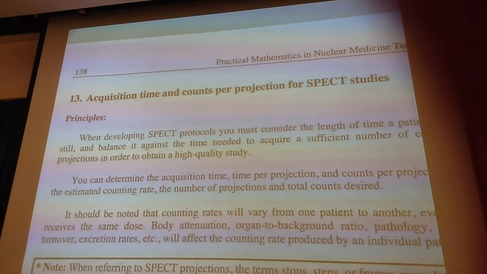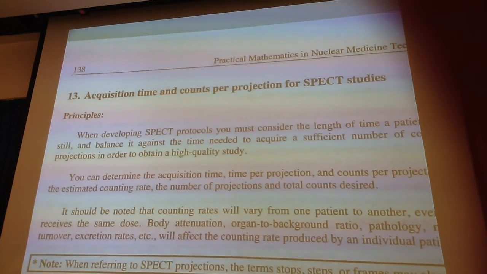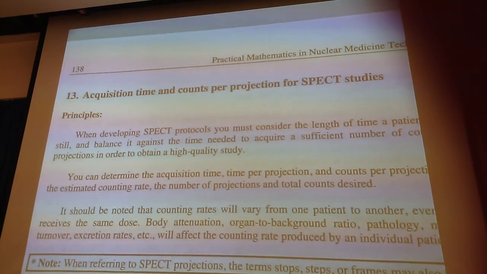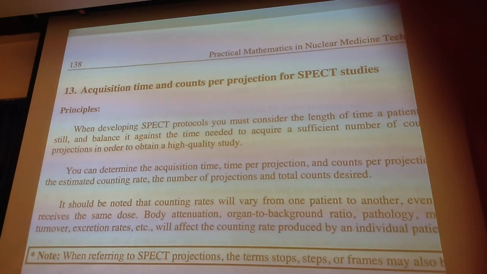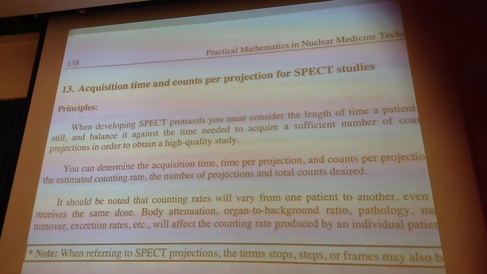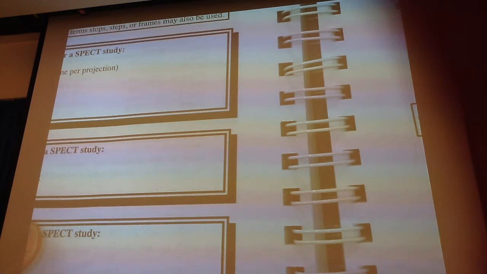Sometimes we go for a certain amount of counts, which is obviously what we should be trying to do, but sometimes we only go for a period of time. So we need to estimate approximately how many counts we are going to be obtaining with that.